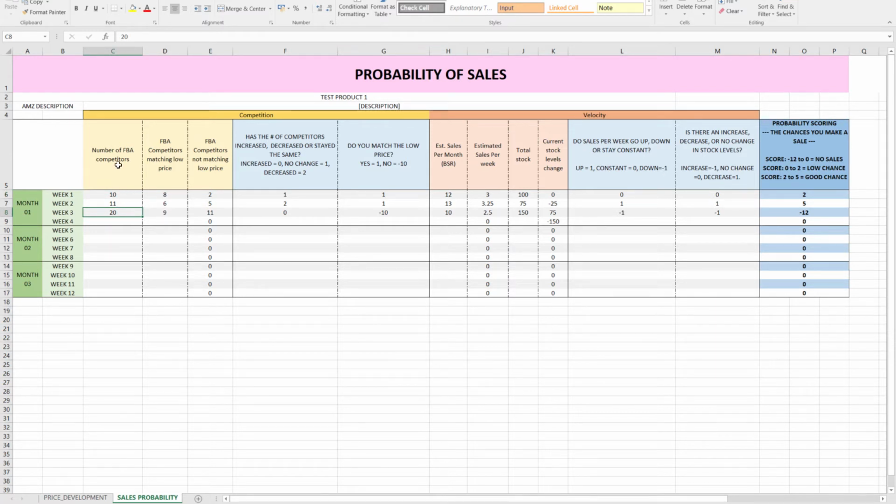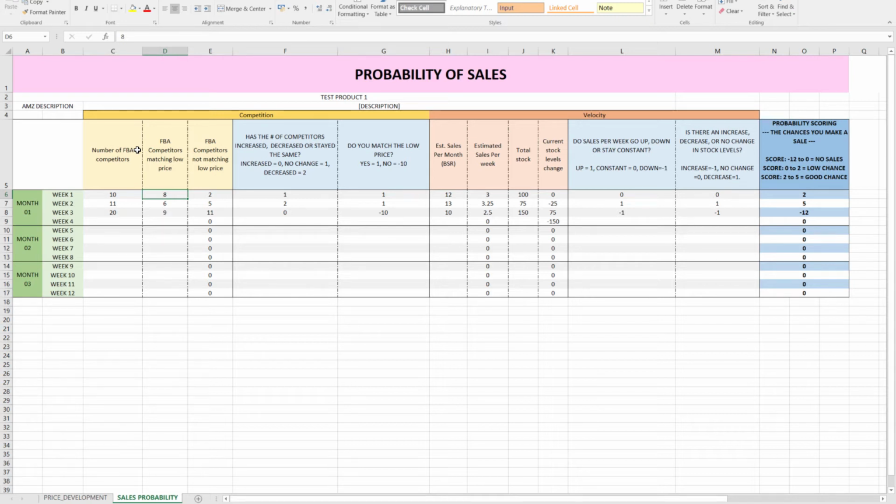What you then have to do in week 1 is check out which competitors are matching the low price. And with matching, I mean, what you often see is instead of say $45, it's $45.01, or $44.99.